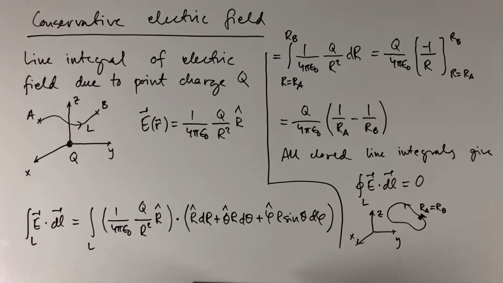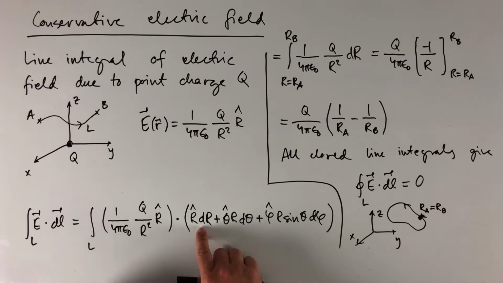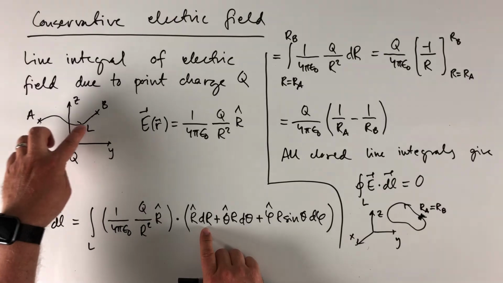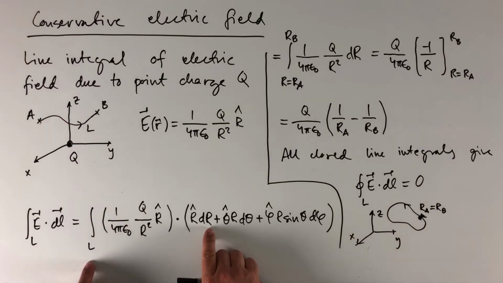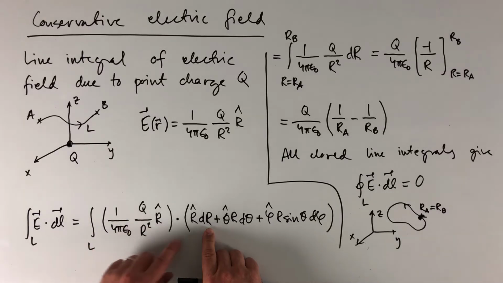Expressed differently, you see that when this curve is moving a little bit in the radial direction, the dr is non-zero. So in the radial direction, there will be a contribution to this line integral.